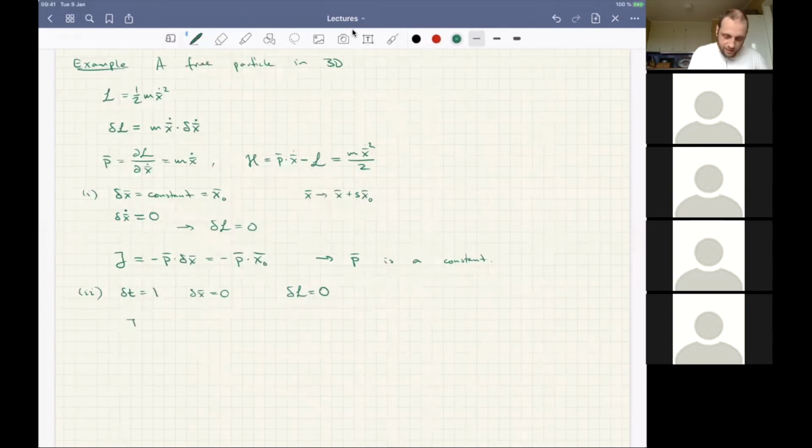In this case, F would be 0 again. We would have the Hamiltonian times delta T, which is 1. And since delta X is 0, this is the conserved quantity. So this is constant, and it's just m x dot squared over 2, which is the energy of the system, which is going to be conserved.